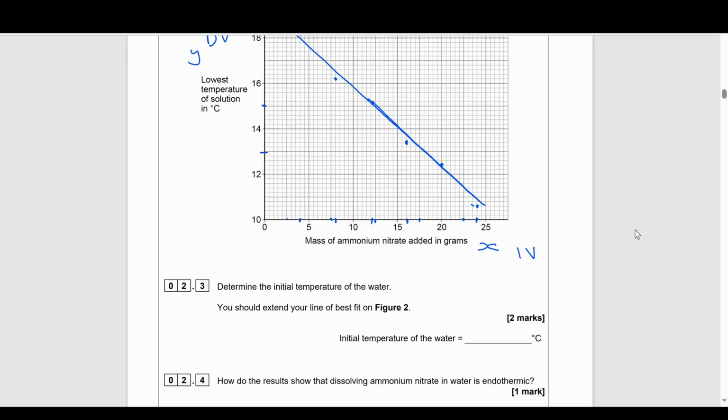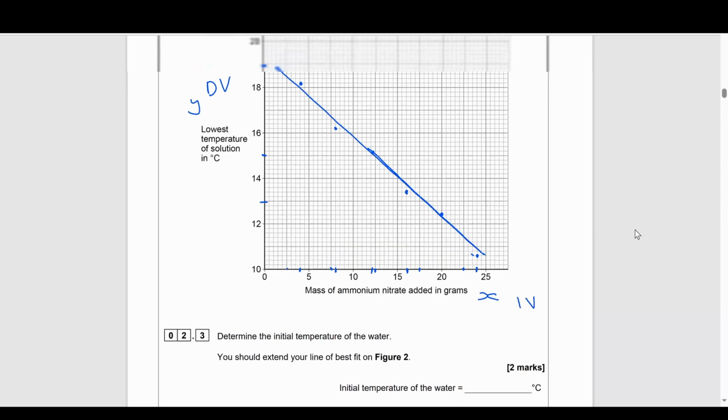2.3. Determine the initial temperature of the water. You should extend your best fit line on figure 2. So we need to think about extending the line of best fit.